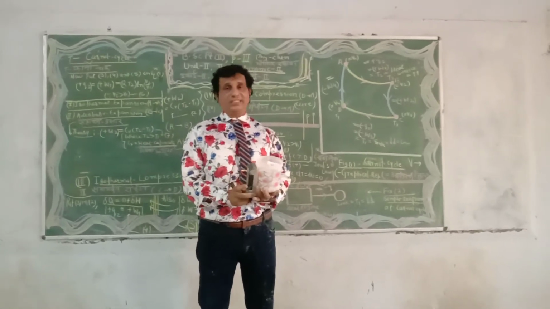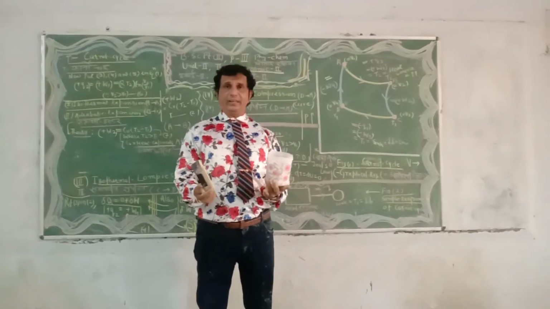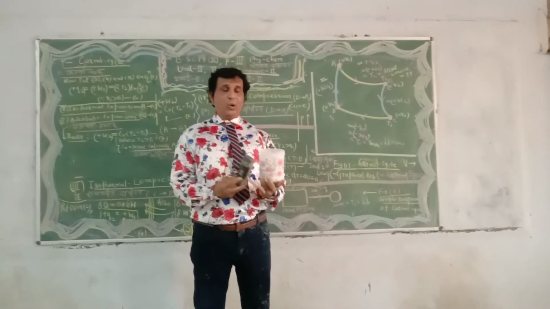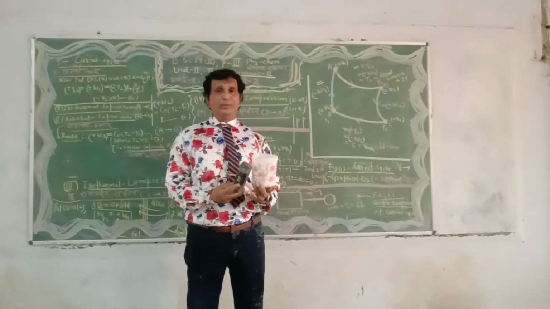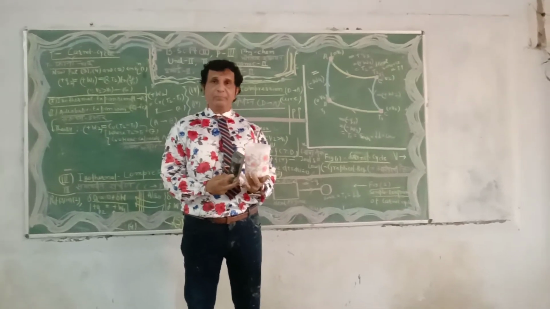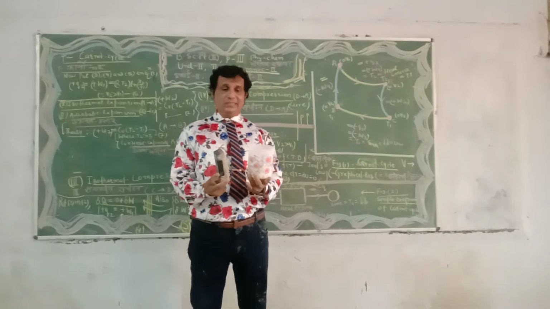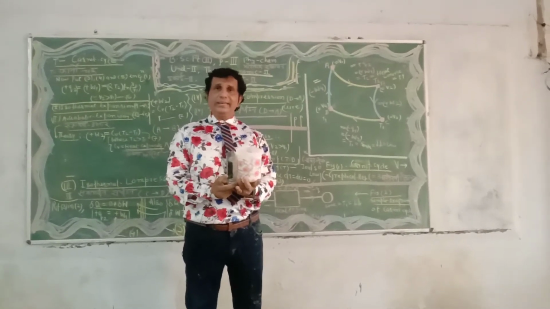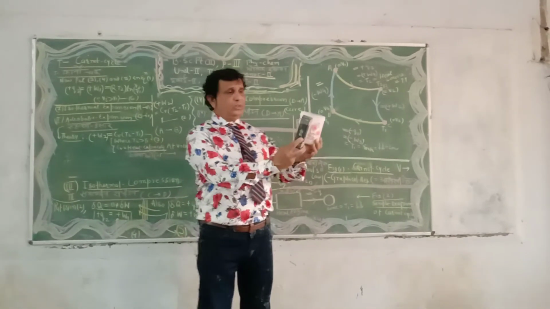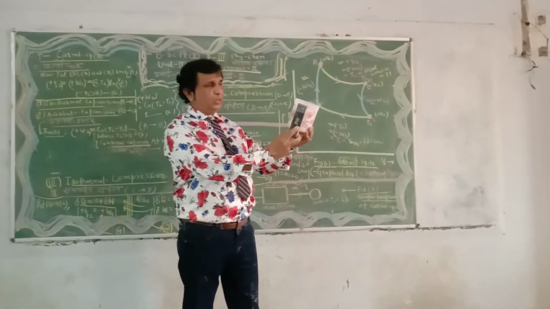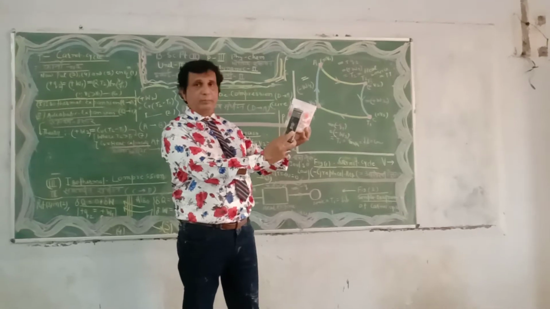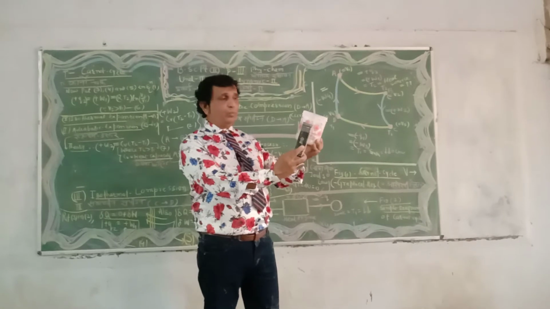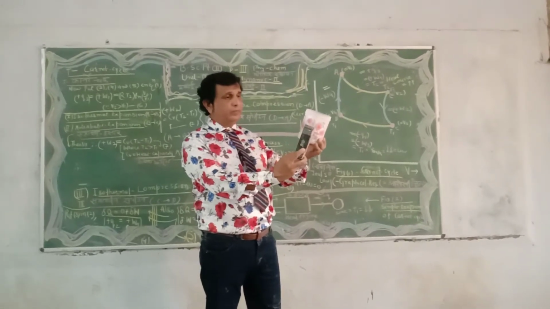Listen to me once again. I am assuming the duster as heat source, and the small chalk container box as heat engine. Now this heat source is kept in contact with the heat engine and slowly allowed to expand along with the contact of the heat engine.